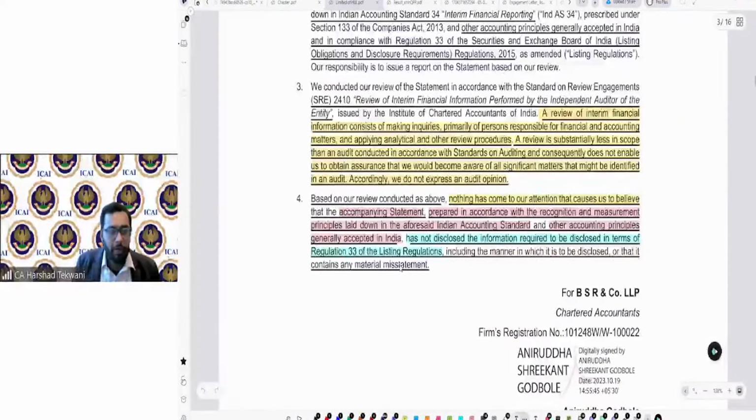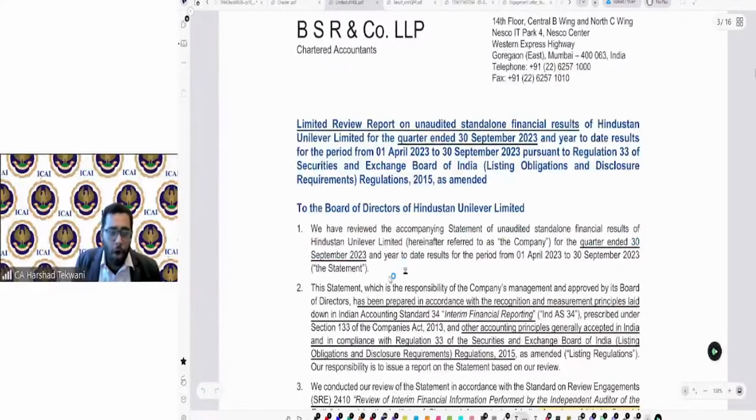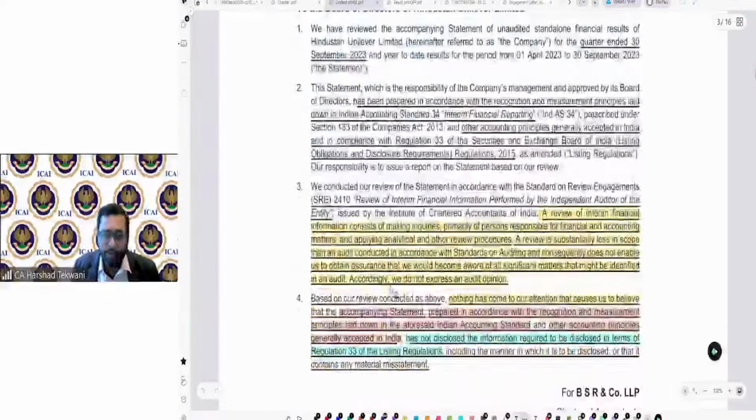Now, if you see, this was a limited review report. Although this is as per SRE 2410, I'm just showing you the opinion paragraph over here.